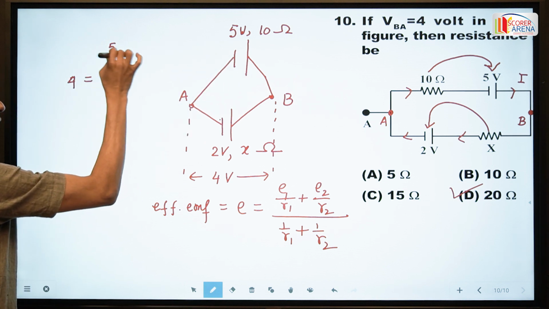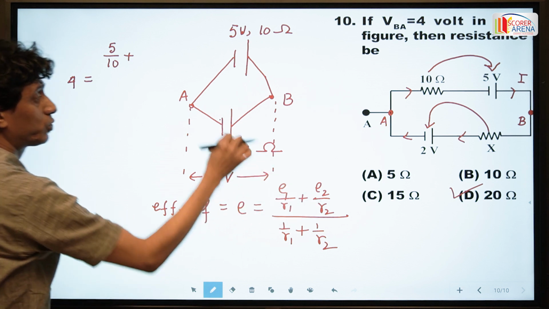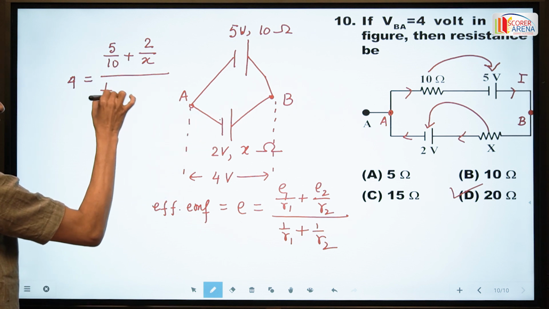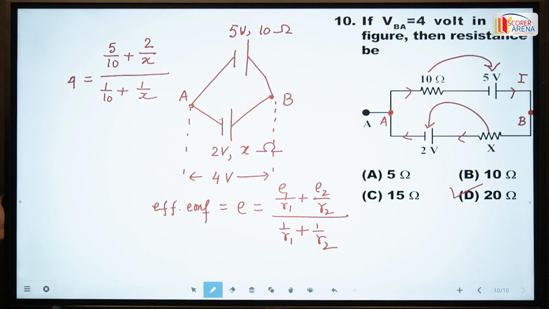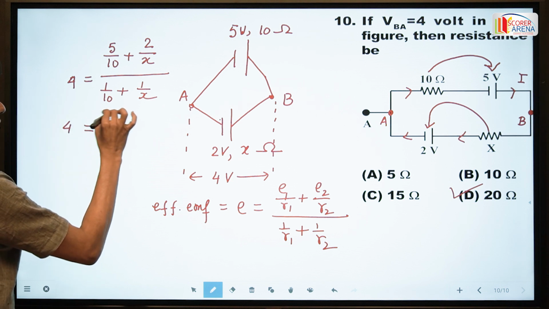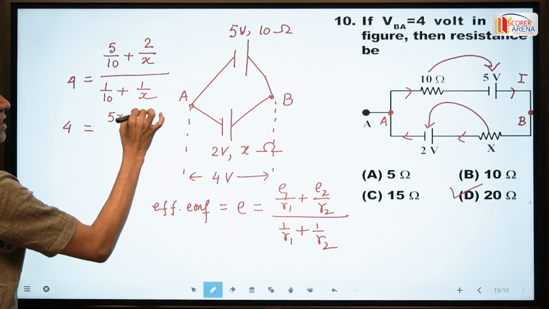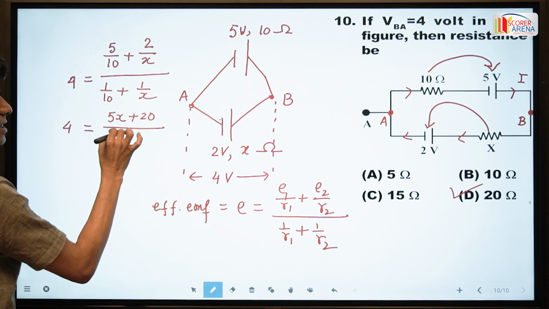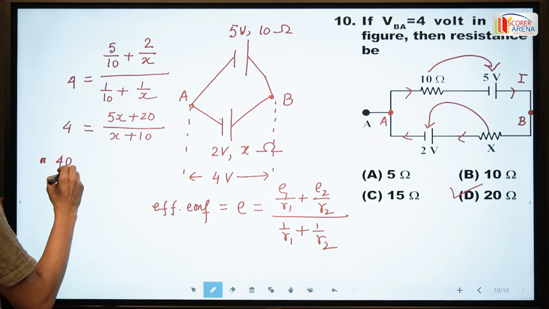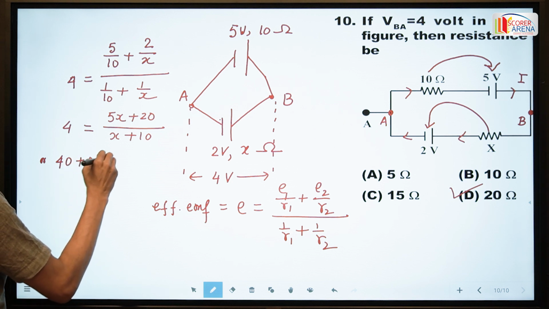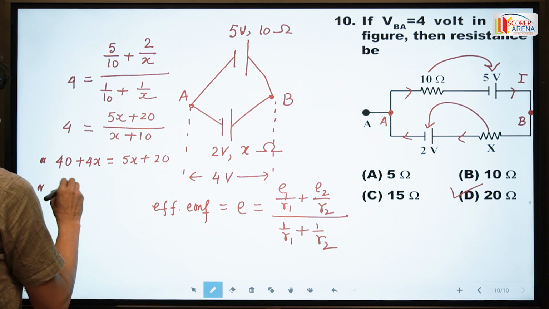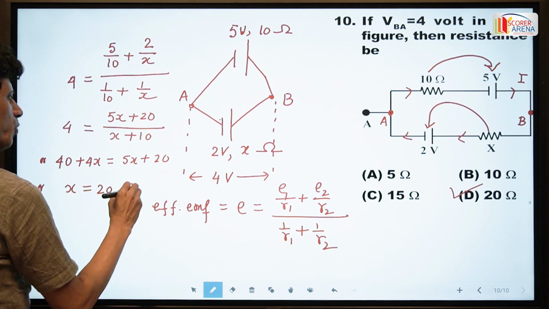E1 is equal to 5 by 10 and E2 is equal to 2 by X. Denominator is 1 by 10 plus 1 by X. So 4 is equal to 5x plus 20 by x plus 10, 40 plus 4x is equal to 5x plus 20. So therefore X is equal to 20 ohm.